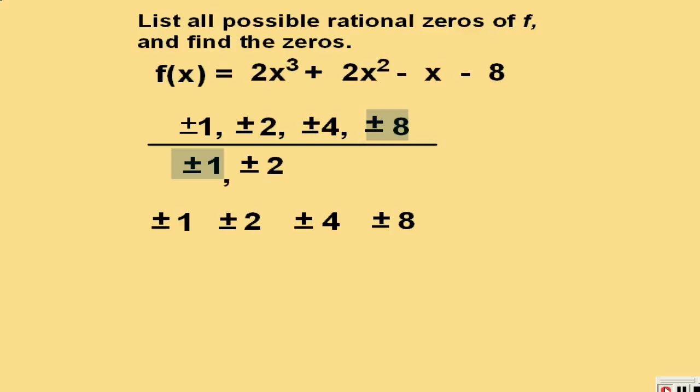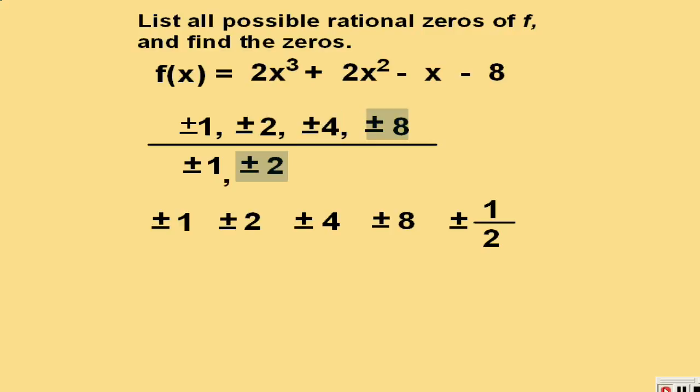We then switch to the other bottom number using all the top numbers again. So now 1 over 2 is plus or minus a half. Then 2 over 2, which is already 1, so we don't need to write that again. 4 over 2, which is 2.